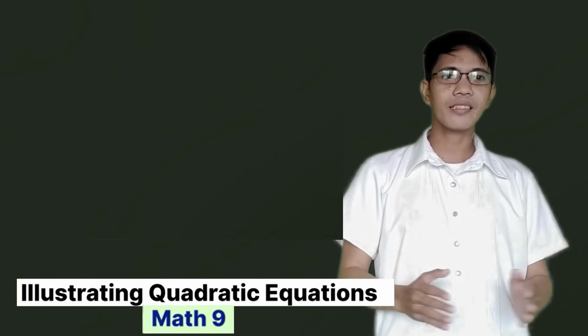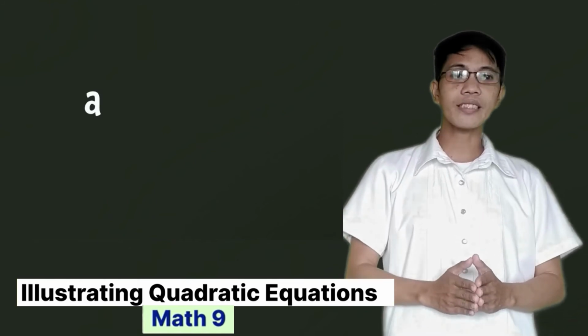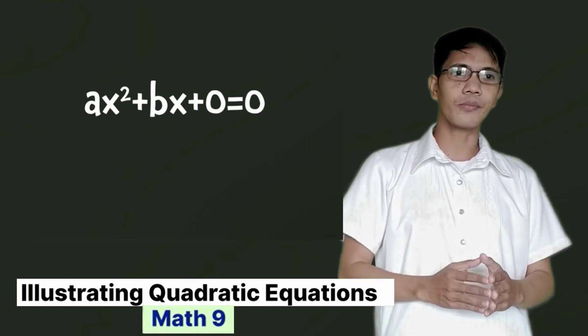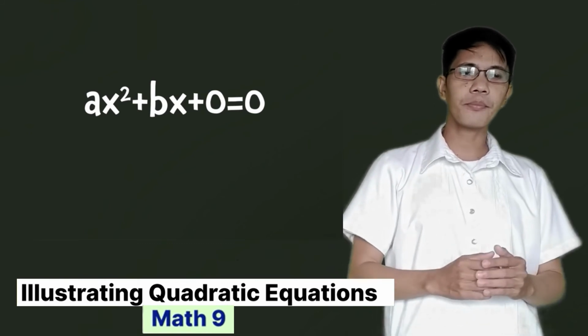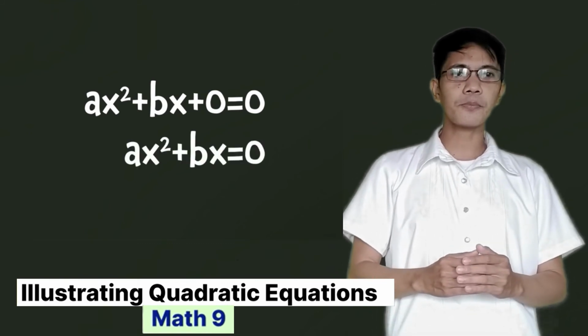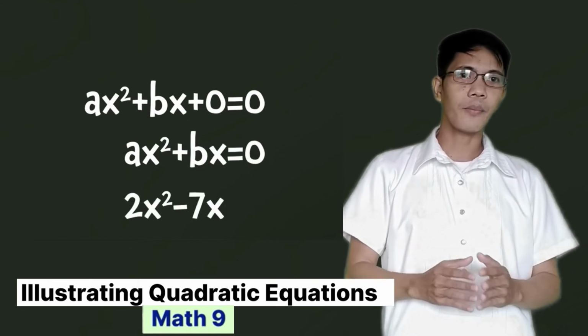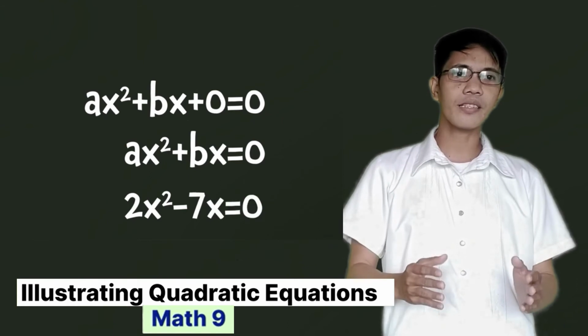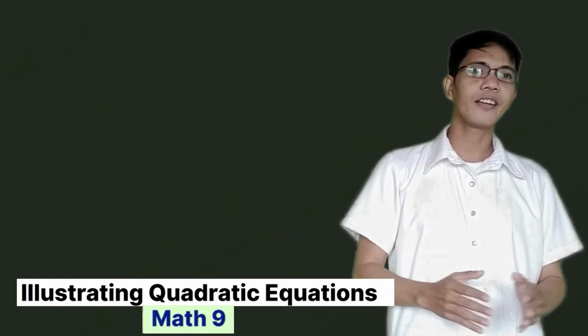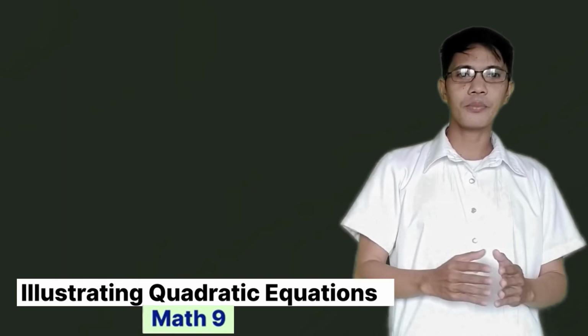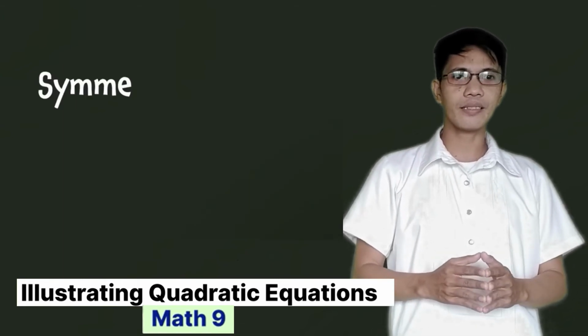On the other hand, there are those where c equals 0 or there is no constant term. They are of the form ax squared plus bx equals 0, just like 2x squared minus 7x equals 0. However, the standard form of a quadratic equation is not unique because of the following cases.